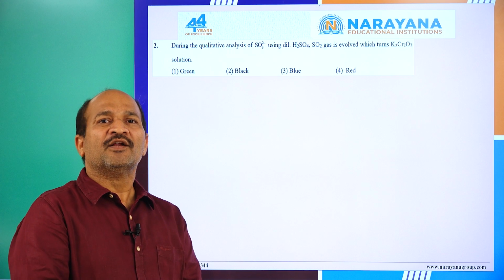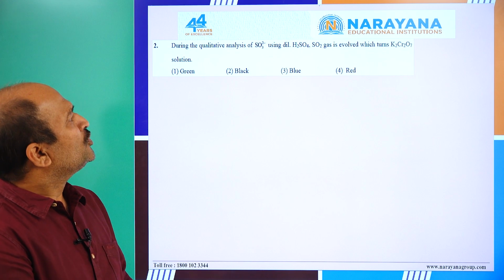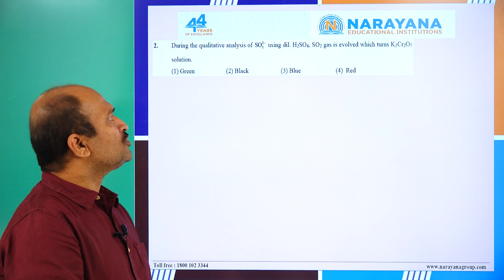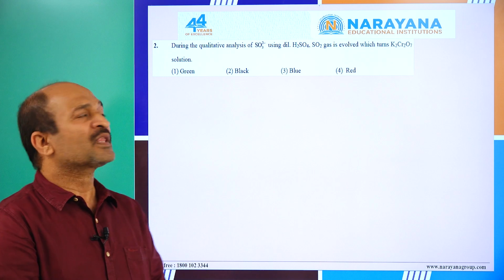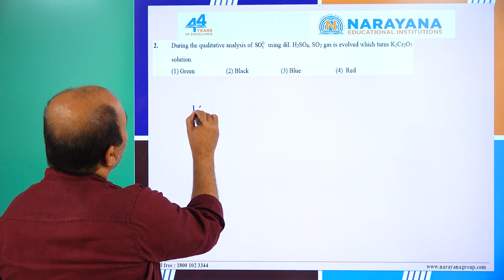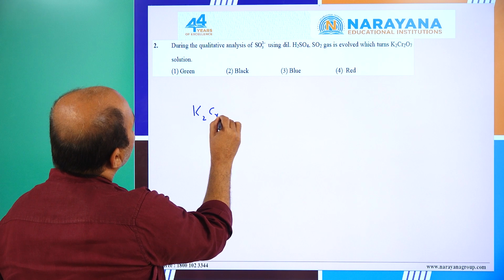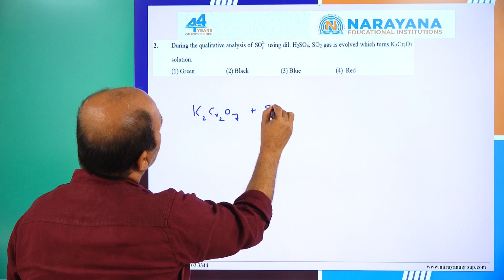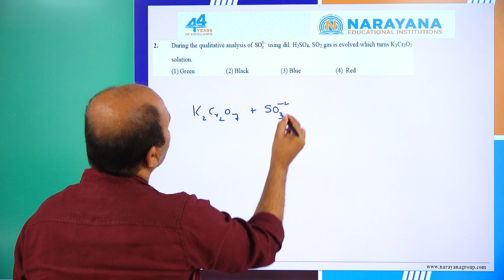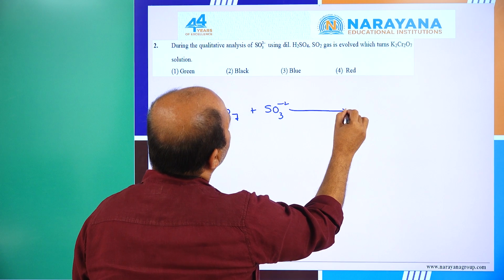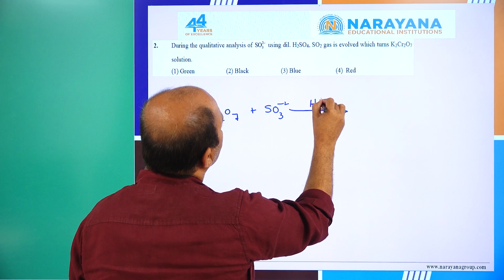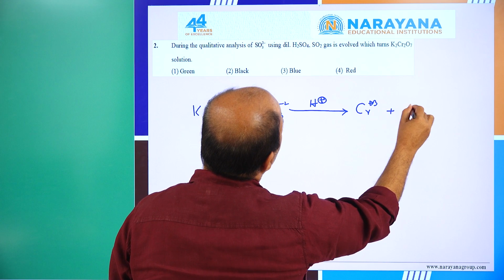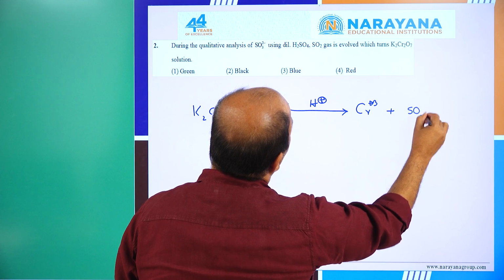During the qualitative analysis of SO3 2-, using dilute H2SO4, SO2 gas is evolved which turns K2Cr2O7 solution into what? K2Cr2O7 on treatment with SO3 2- in acidic medium, the products are Cr3+ and SO2, right?